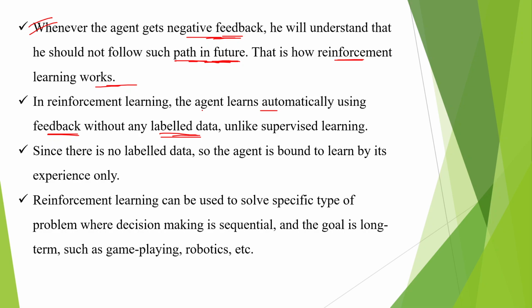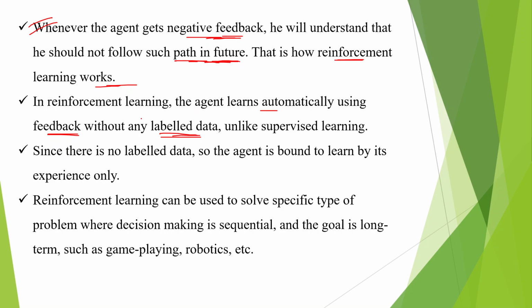It will perform some action, and if it results in positive rewards, it will try to repeat such an action in future. And if a particular action results in negative rewards or negative feedback, he will understand that he should not follow such a path or repeat that type of action in future.